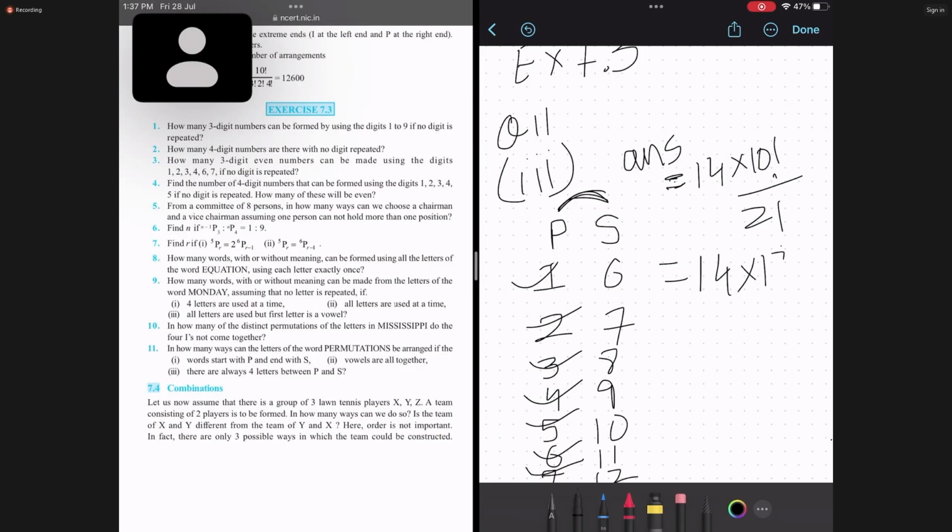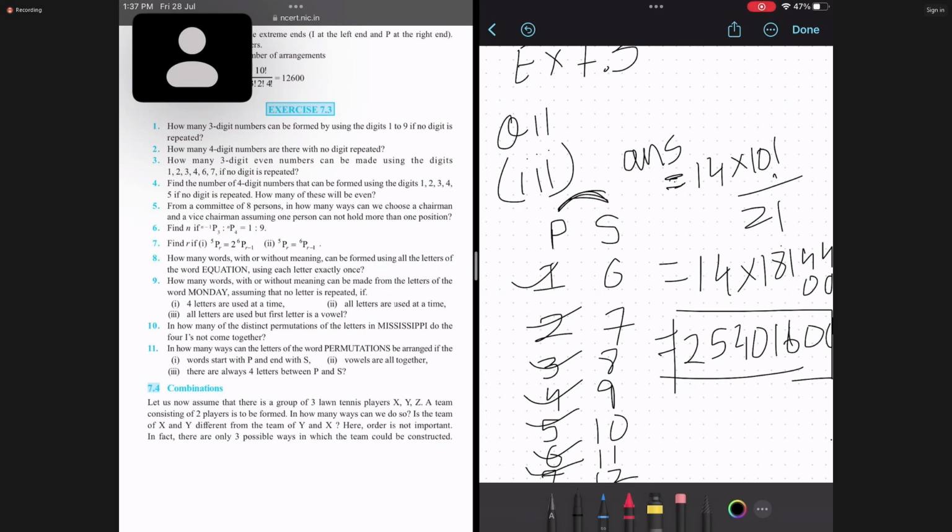It is nothing but 14 into 1814400, and that is nothing but 25401600. Correct? And that is your final answer. So this is how you're going to get the final answer yourself.